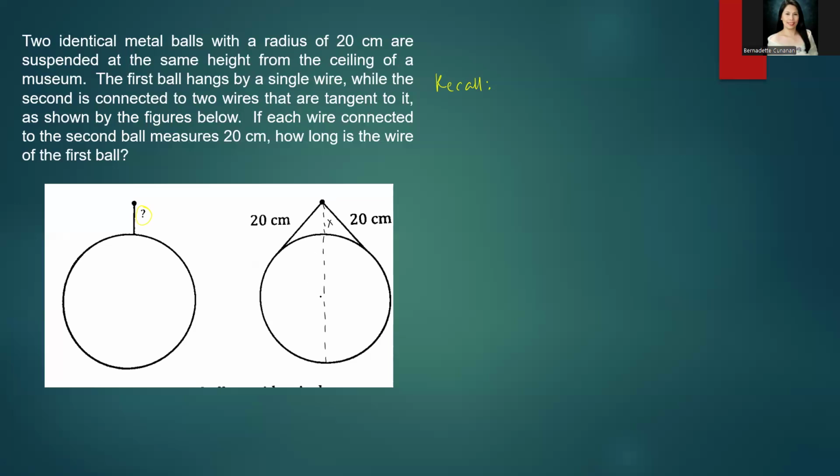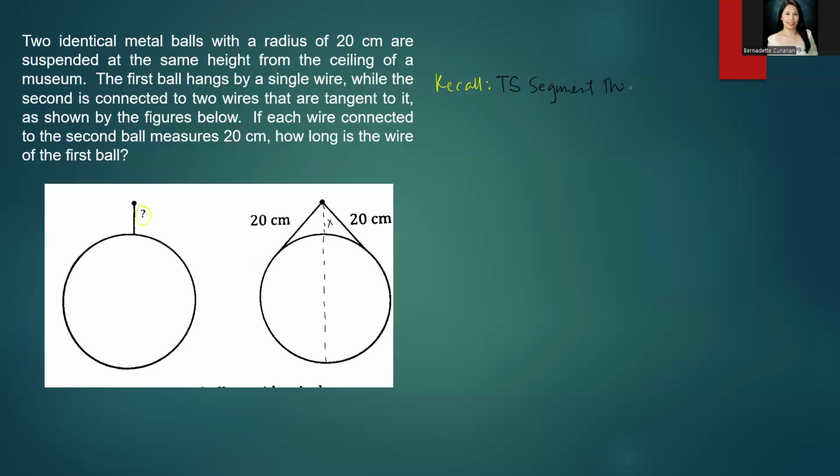Now we have secant, we have tangent. So which theorem can we recall for us to solve the problem? We're trying to solve for the length of this one. So we have tangent and then secant. We can consider the tangent secant segment theorem.